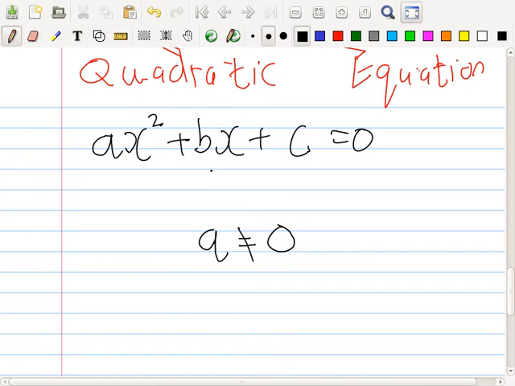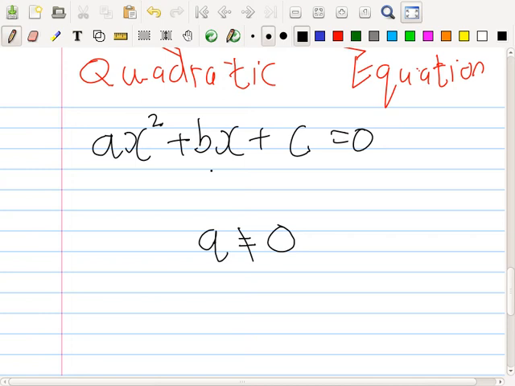Why am I saying a is not 0? Any ideas? If a equals 0, no x squared. So then it's not quadratic, it's linear then. So a is not 0.